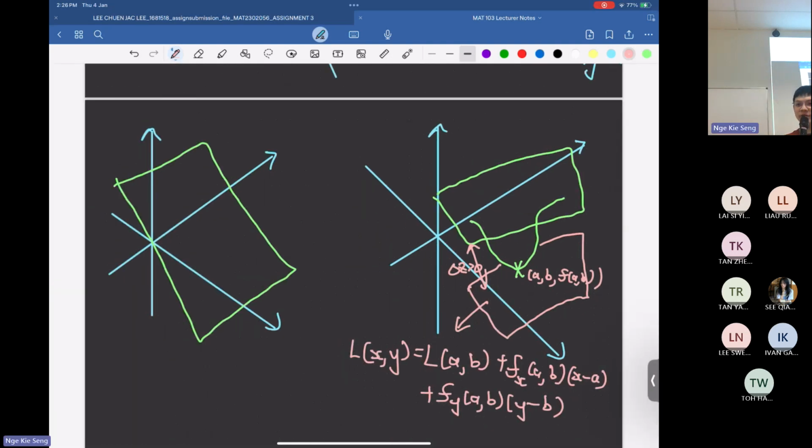If it is differentiable, it means you can use the tangent plane, which is the linear approximation, to approximate every point nearby. Okay or not? That's where fx, fy come in, because you use fx and fy to build your tangent plane.